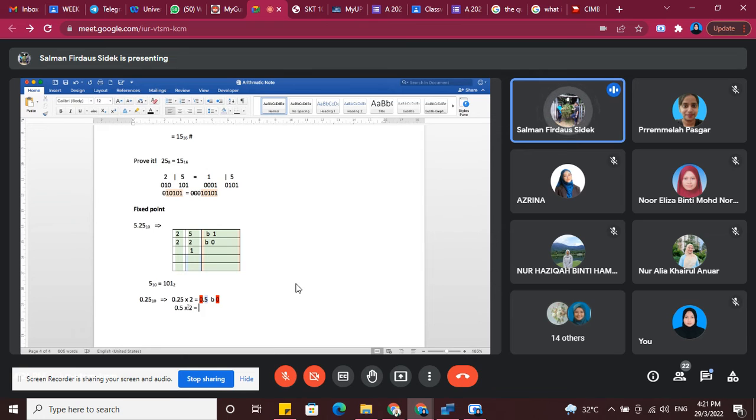Kita dapat 1.0. So balance dia berapa dekat sini? 1. So kita ambil yang 1 dekat depan ni, kita jadikan dia balance.